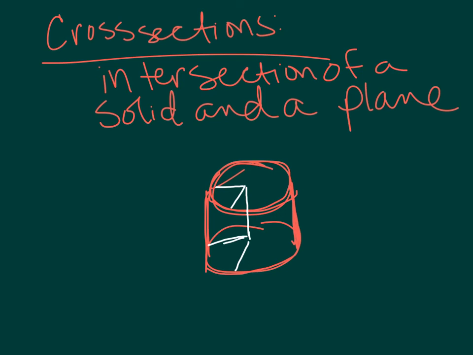What shape is the cross section? So if we really only cared about this cross section right here, you can see it's a rectangle. Even if we're cutting a circular cake, we might end up with a rectangular figure.